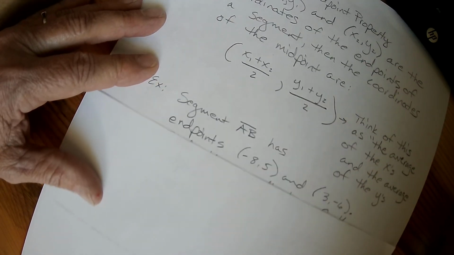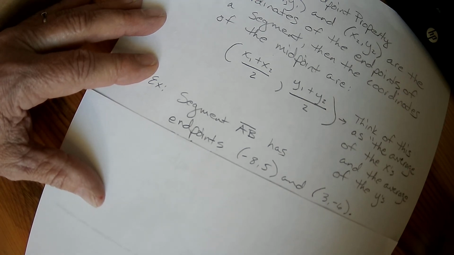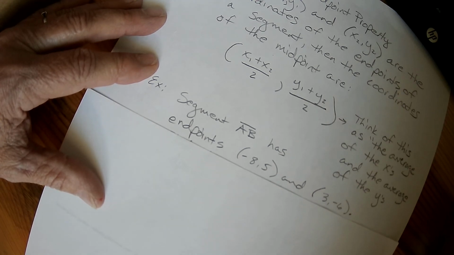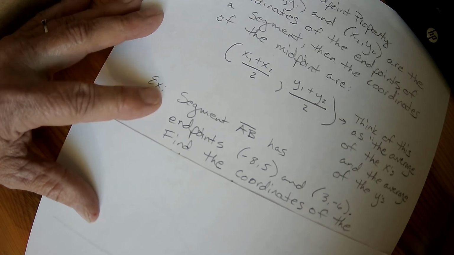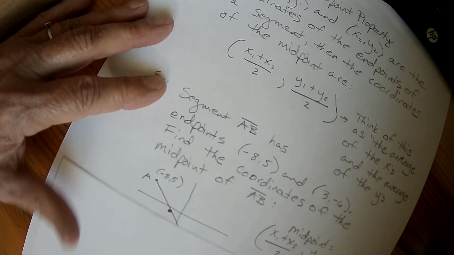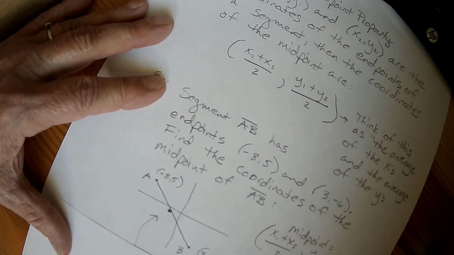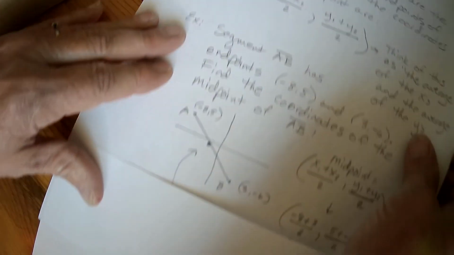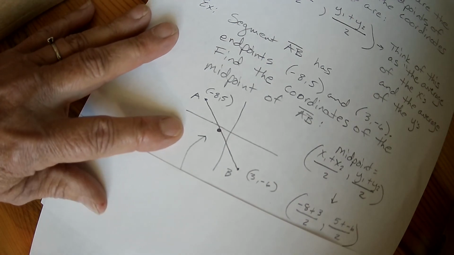Segment AB has endpoints at those two coordinate points, and you're to find the coordinates of the midpoint of AB. Alright, well, I just drew a rough sketch of where that line segment looks.